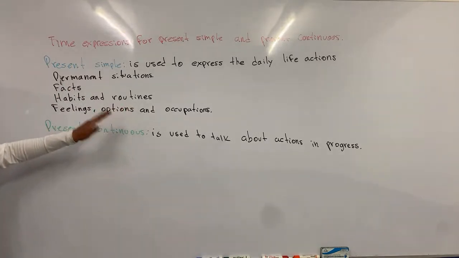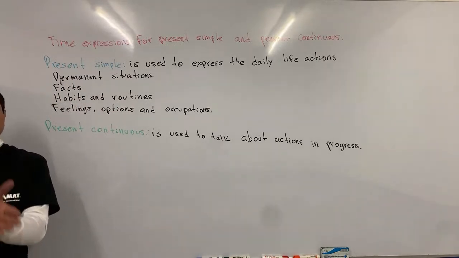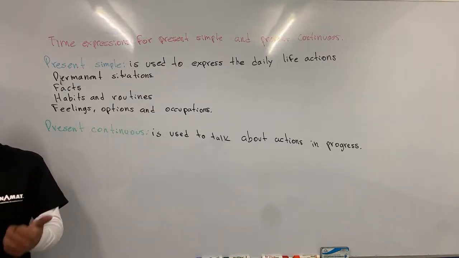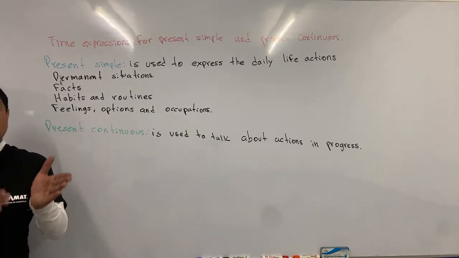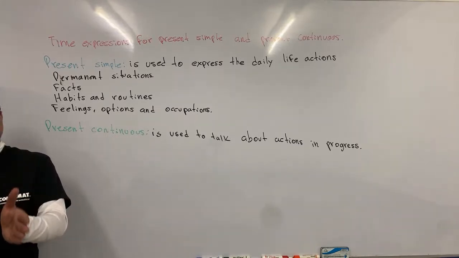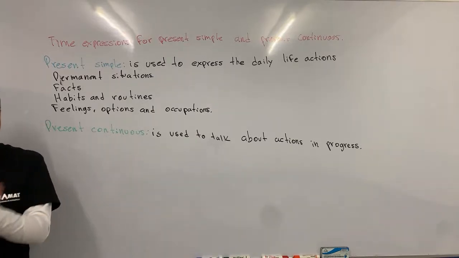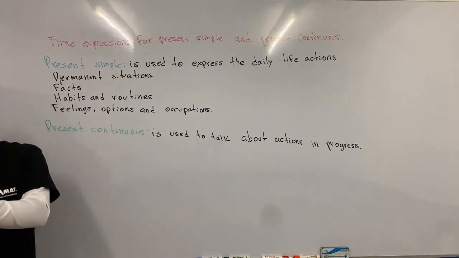Now for habits and routines, the present simple describes regular and repeated actions. For example, I usually go to the Palace of Fine Arts during summer vacations. Repeat: I usually go to the Palace of Fine Arts during summer vacations.